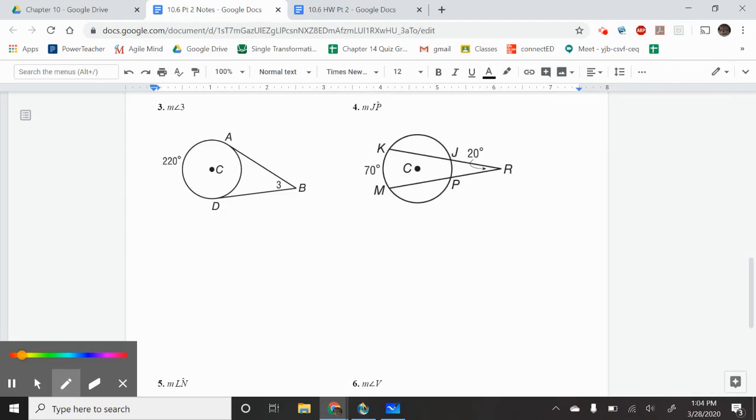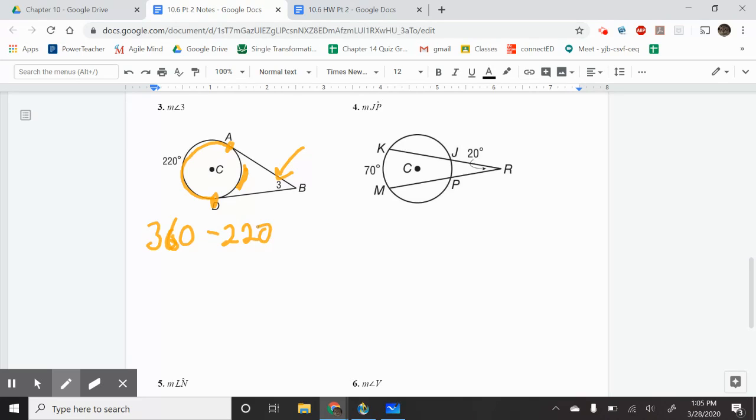Here we are on the next page, number 3. Number 3 is asking for the measure of angle 3. And all I'm given here is that this big arc, well, this time it's a major arc, is 220. Now, here we have 2 tangents intersecting, which means that we're dealing with the entire circle. So first I have to figure out what the arc inside is, what this one is.